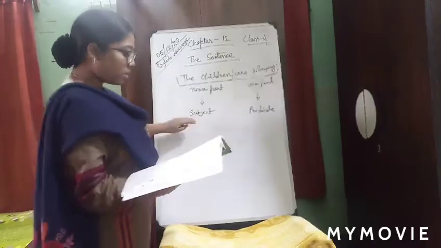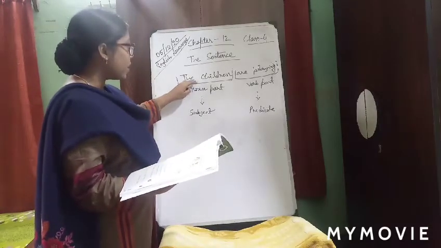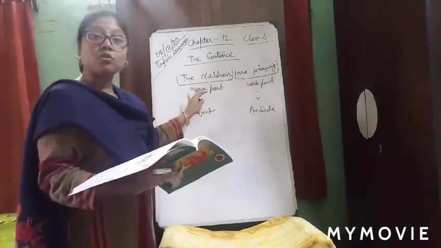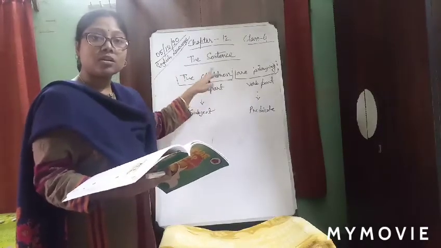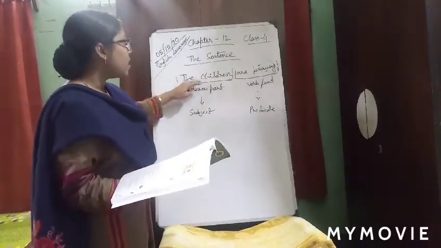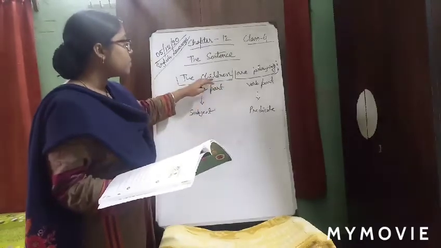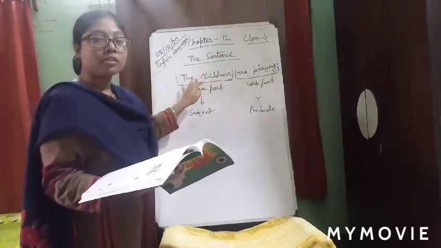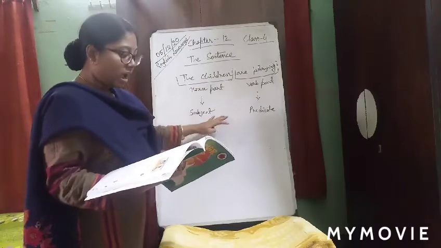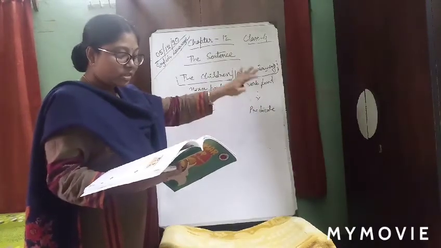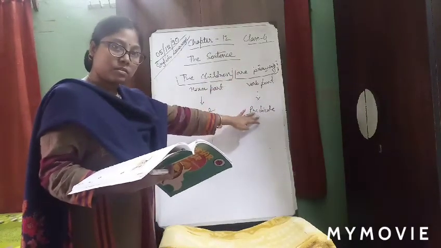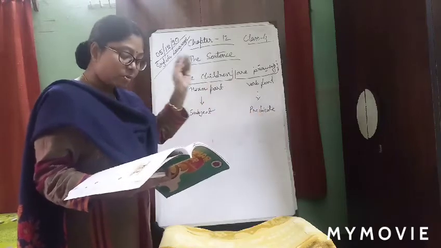This subject part is actually the person or thing being talked about. Here the subject is talking about the children. And the verb part is actually the heart of the sentence. Without a verb it cannot be possible.